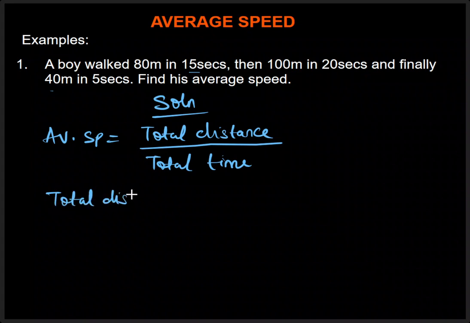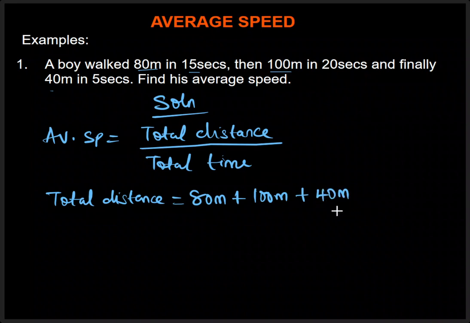Total distance is equal to, now we have distance 1 here, which is 80 meters, plus distance 2, which is 100 meters, and then distance 3, which is 40 meters.